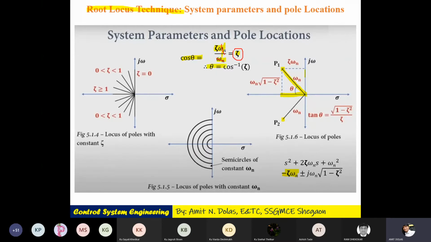Therefore theta will be cos inverse of zeta. Now, can we say if theta is constant, zeta is also the same? Yes, I want a reply from your side. I'm saying if theta is constant, then zeta is also constant.